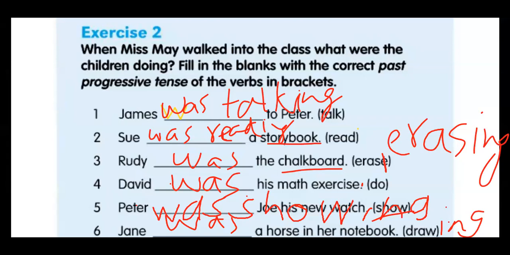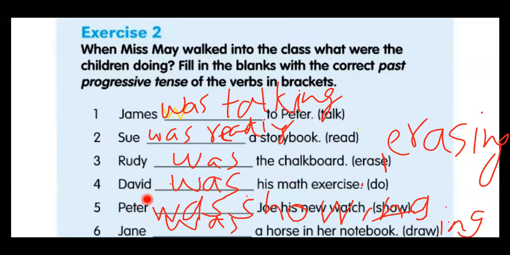Chalk is one word and board is one word. When you combine these two words, it becomes one. Football. So storybook, chalkboard, football, all these are compound nouns. Ice cream, ice and cream. That is also a compound noun.